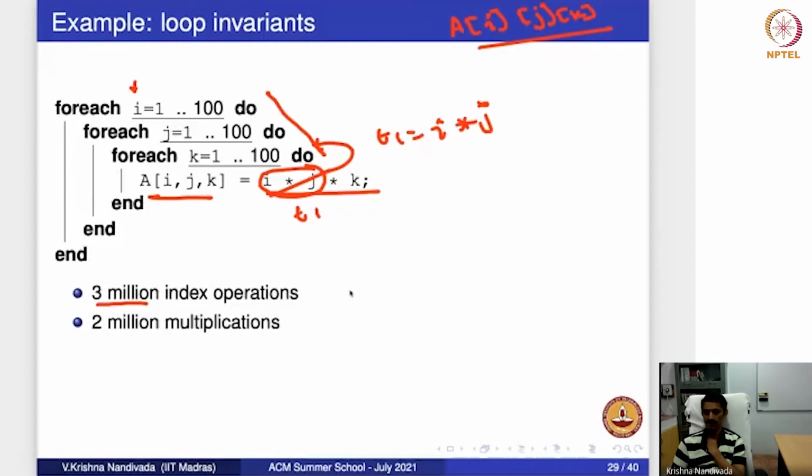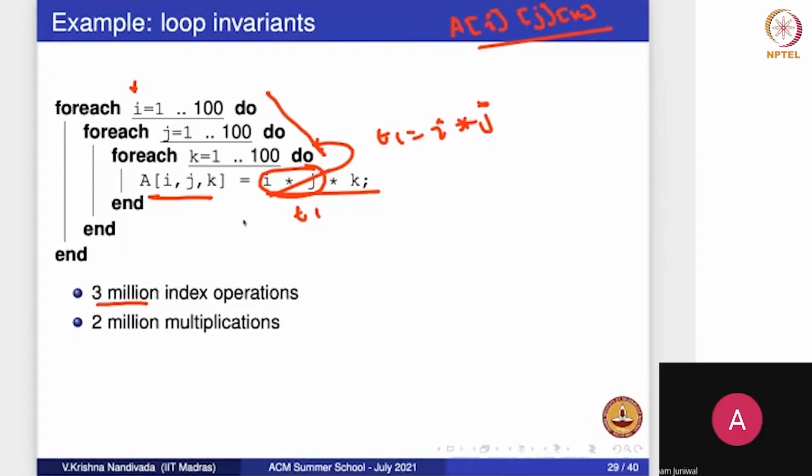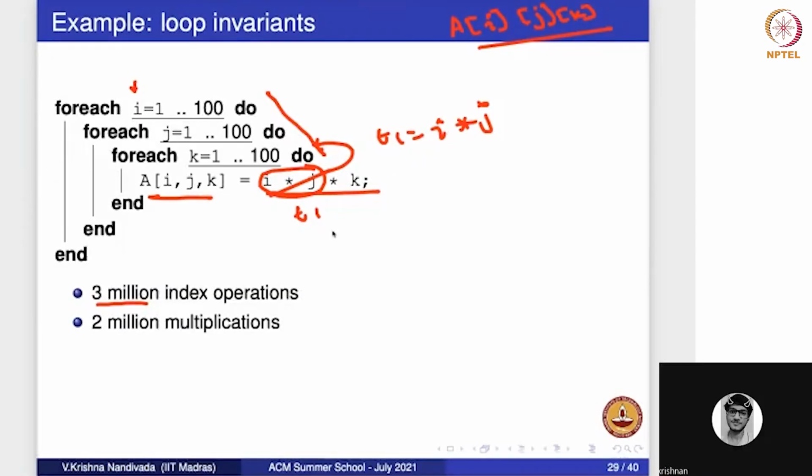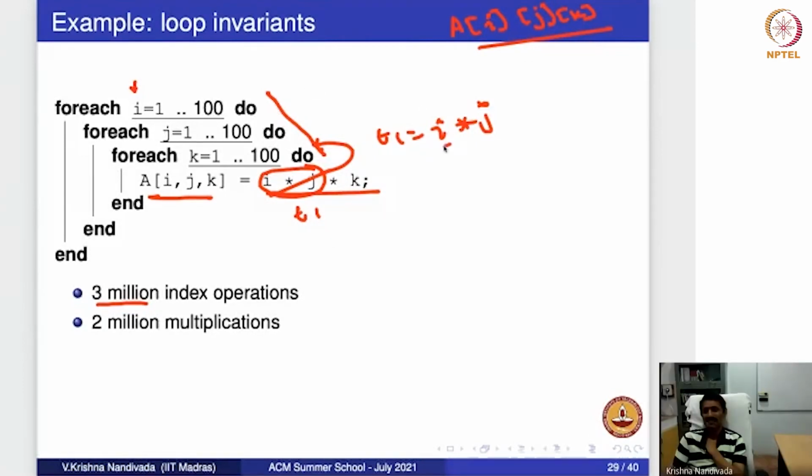Yeah, 1,010,000. 10,000. 1 million and 10,000. So by this, the number of multiplications from 2 million has come down to 1 million 10,000. Is there any other loop invariant expression here? I is invariant in the J loop. But I mean, I is just a single variable. I'm not doing any computation, right?